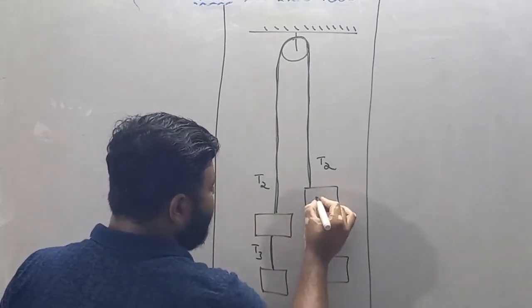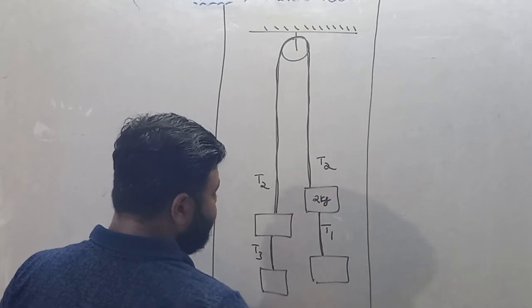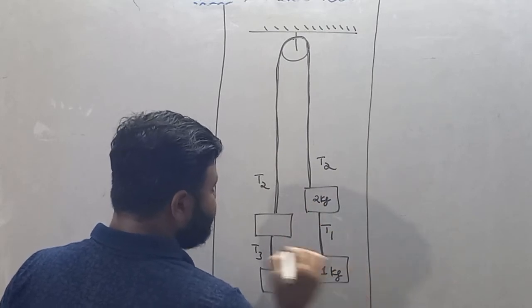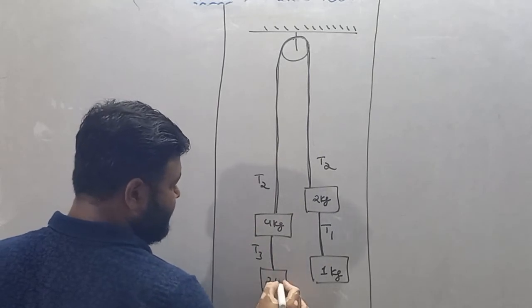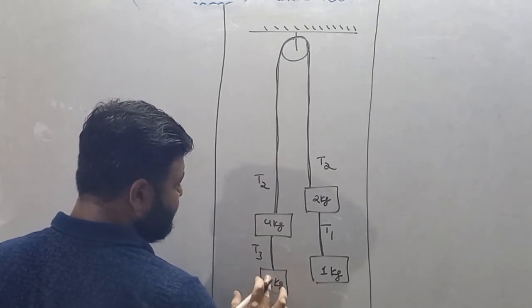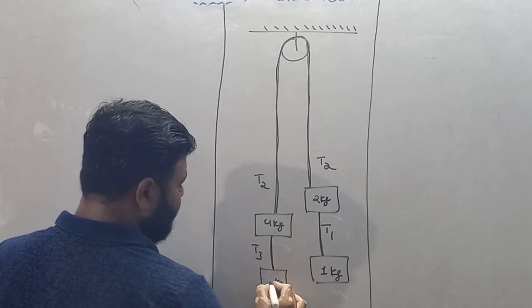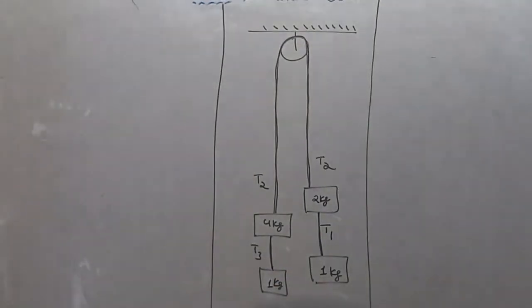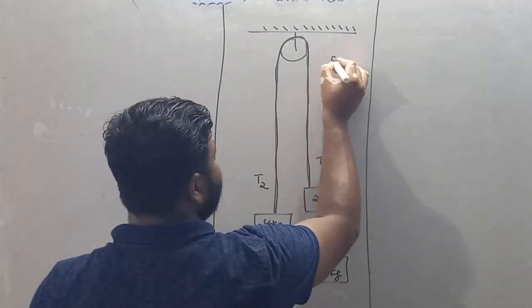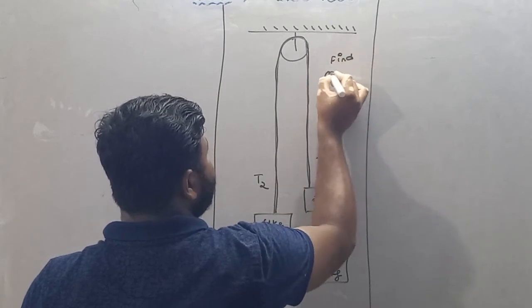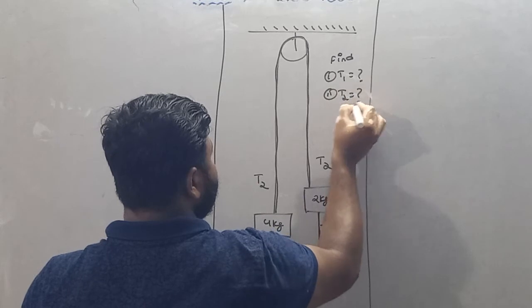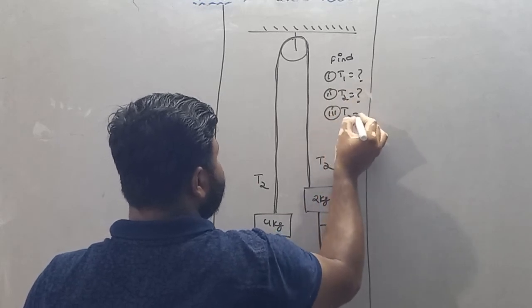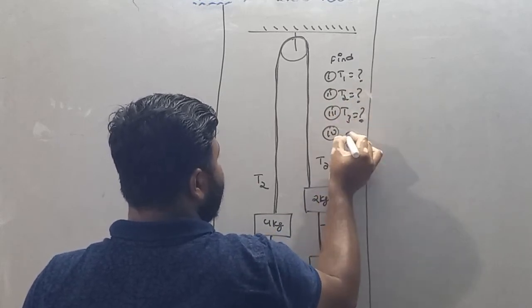Now if I take the masses, let's suppose this is 2 kg, this is 1 kg, this is 4 kg and this is again 1 kg. So we have to find first T1, second T2, third T3, and fourth the acceleration.